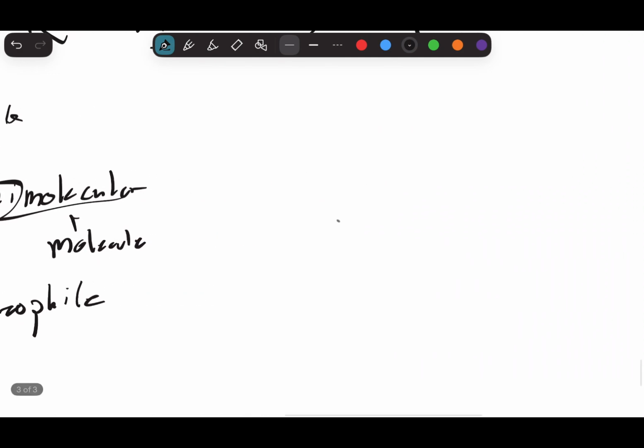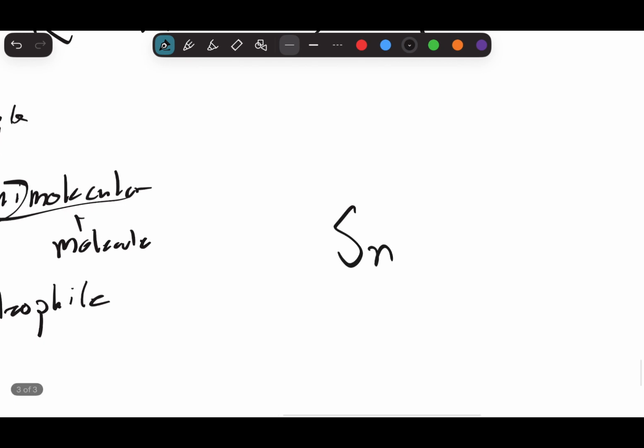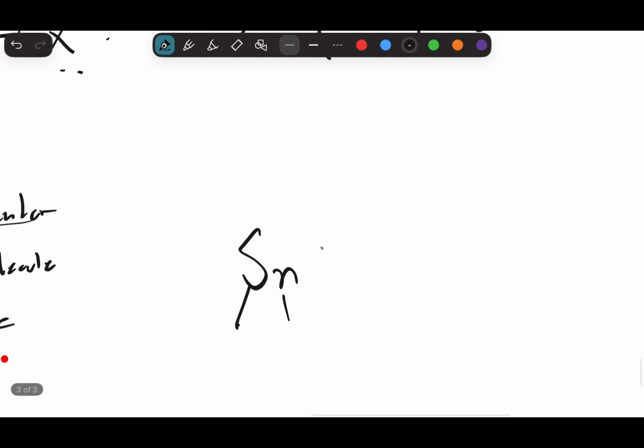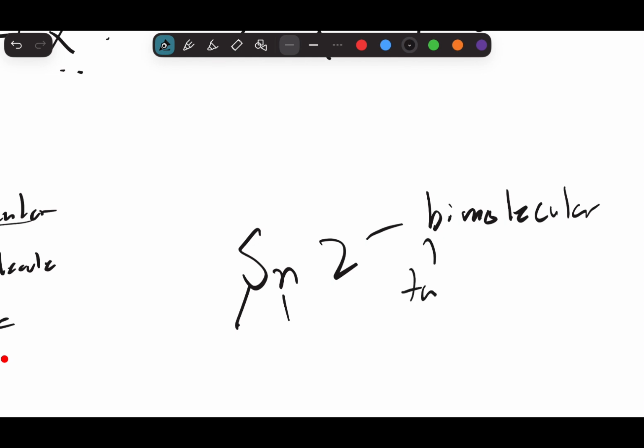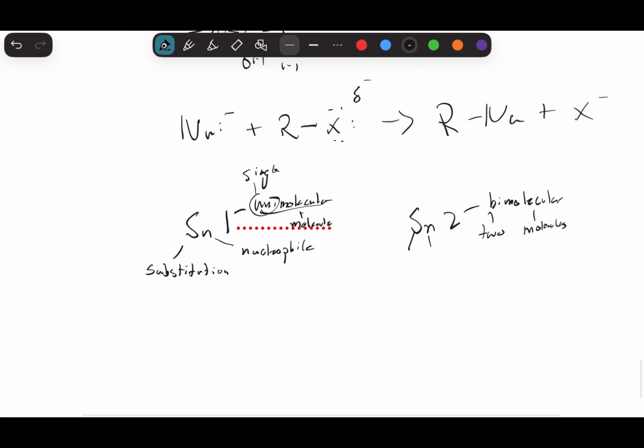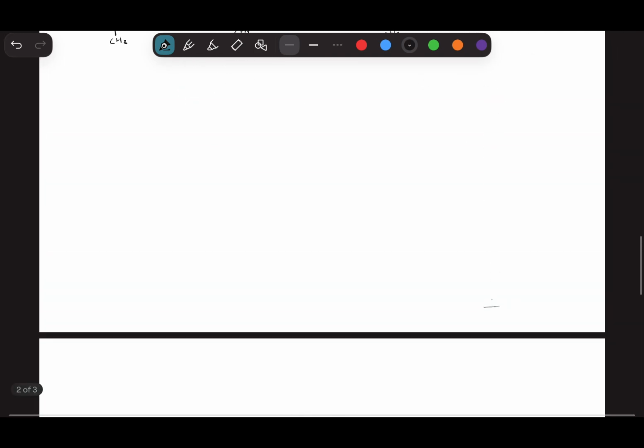And SN2: the SN stands for substitution nucleophile, and 2 stands for bimolecular, which means 2 molecules. So it involves the substitution of 2 molecules. With that in mind, let's go up here.